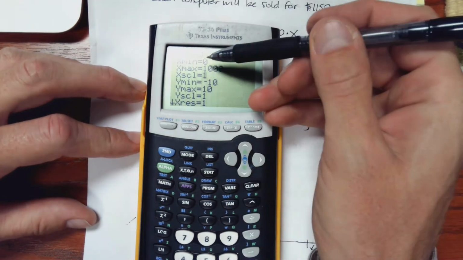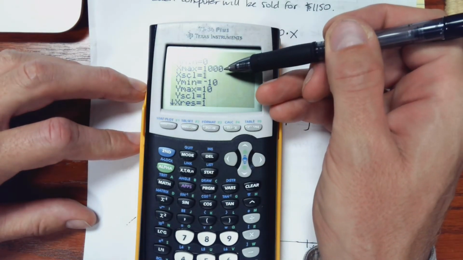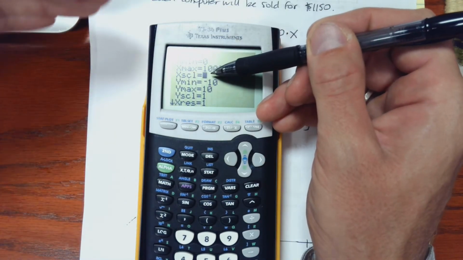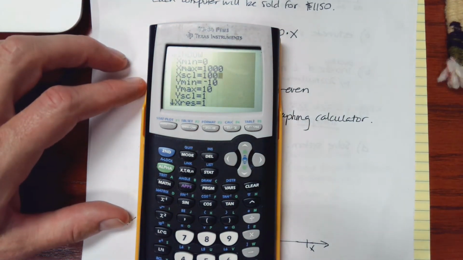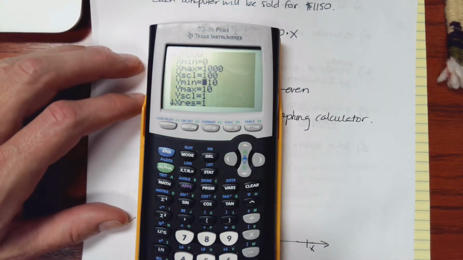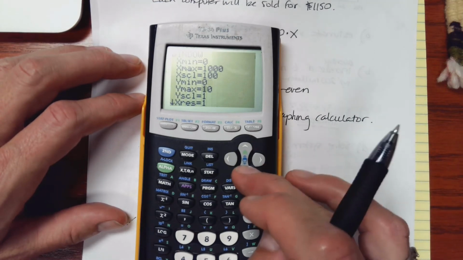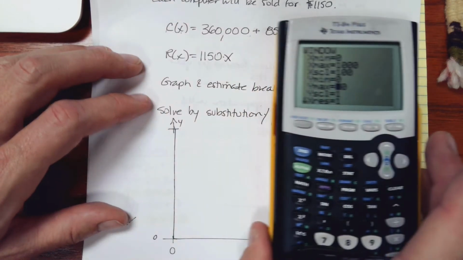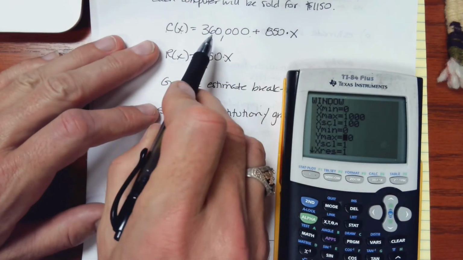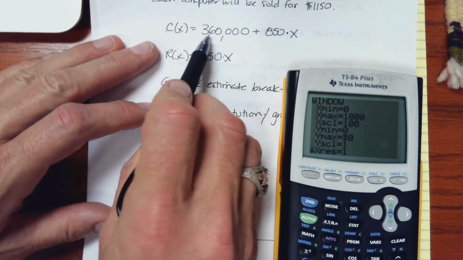And so since I went from 0 to 1,000, I don't want to tick mark every 1 unit. How about we put one every 100 units? For my Y minimum, I can't sell fewer than 0. And I know that my fixed cost is in the hundreds of thousands.